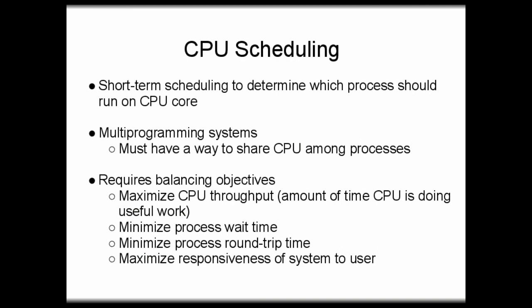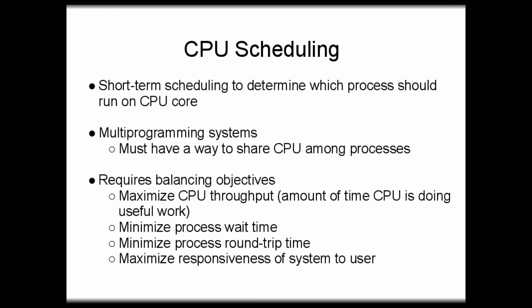For effective system utilization, the scheduler must keep the CPU busy performing useful work. In other words, CPU throughput must be maximized. We don't want the CPU to be idle when processes are waiting to run. For process performance, we want the CPU scheduler to minimize the amount of time a process must wait to begin executing.